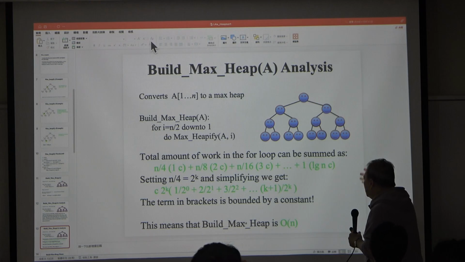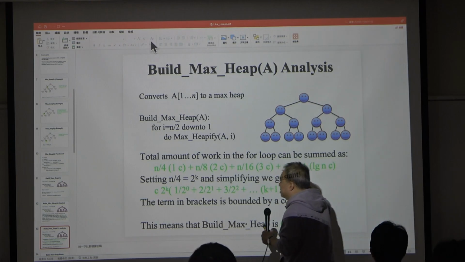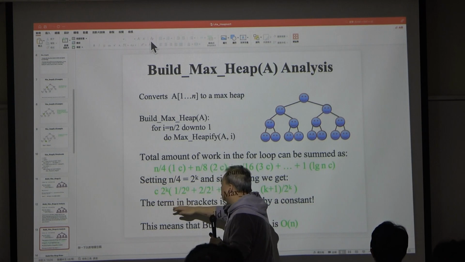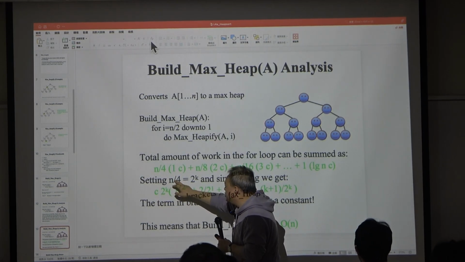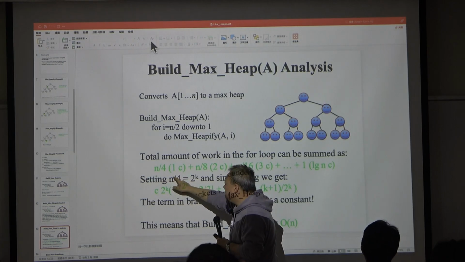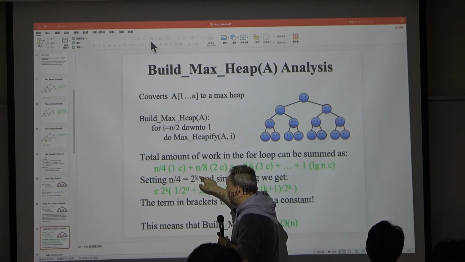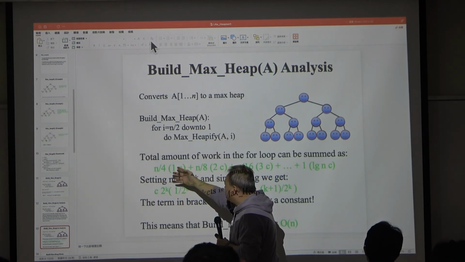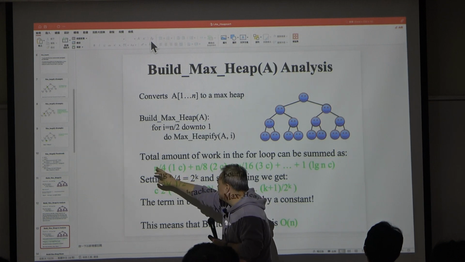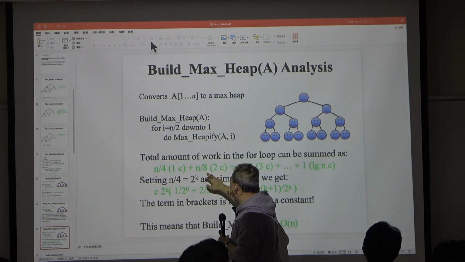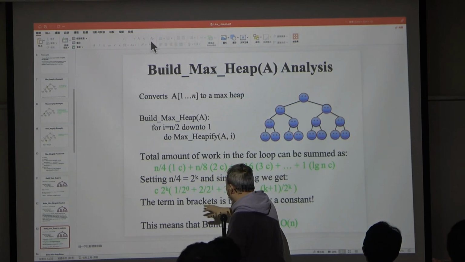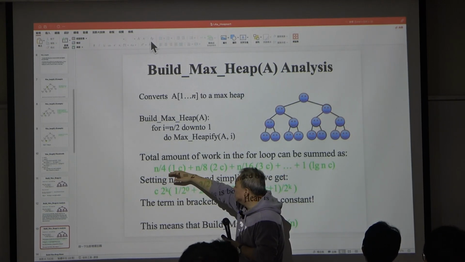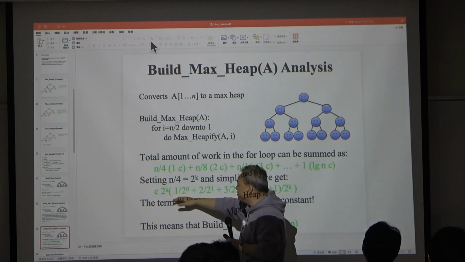So you can try to rearrange this formula to become c times 2^k. If you formulate n divided by 4 as 2^k, then this one is 2^k divided by 2, and so on. So you can replace this formula with this one.